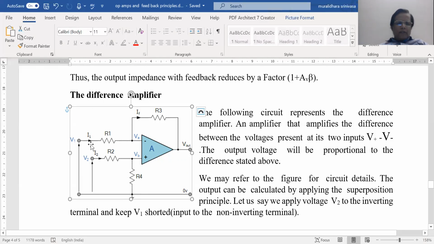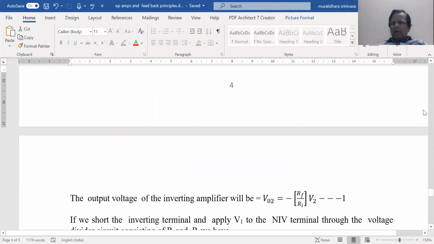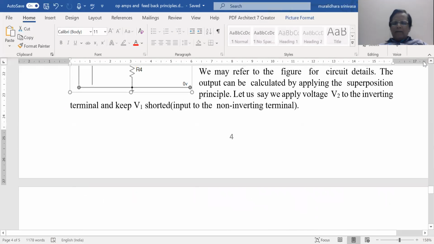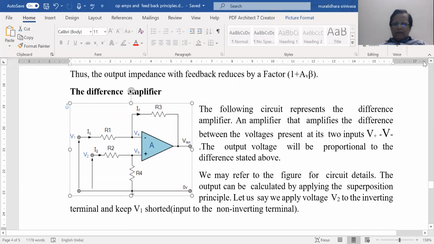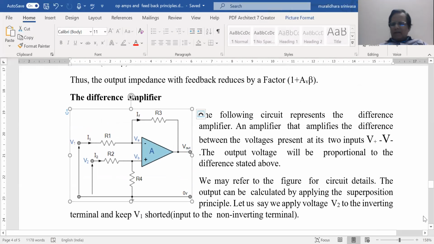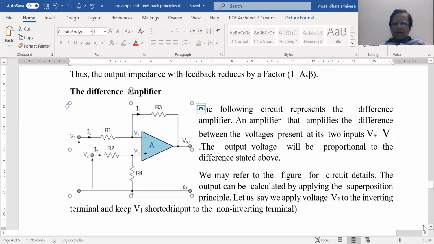Through the input voltage V1 and through the resistors R1, they are going to feed a voltage VA, which results in a net current IF flowing through R3. This circuit, as I told you, is a typical op-amp expected to magnify or amplify the difference between the two signals. These are the essentials of this circuit as you are seeing.